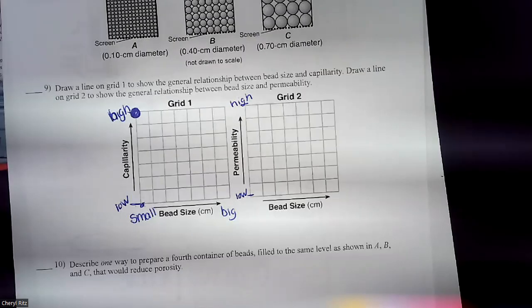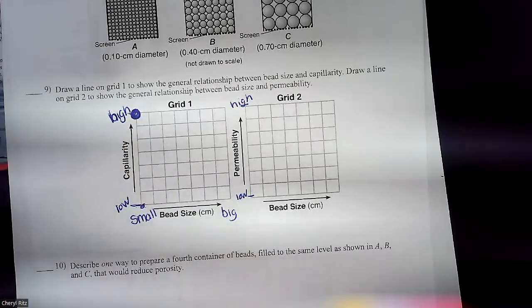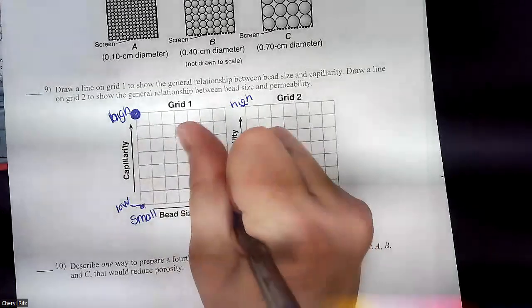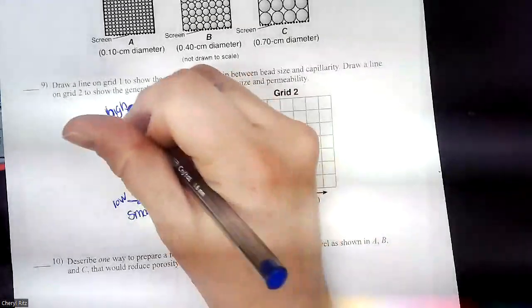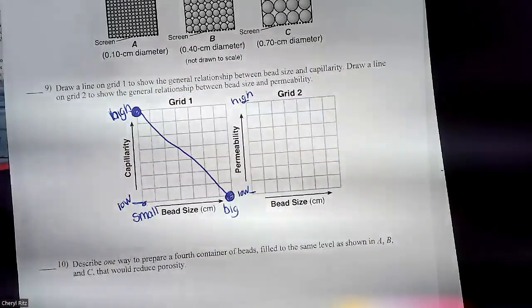And remember, I told you to remember because capillaries are the smallest blood vessels. Smallest, that's the key word there. They're the ones in your eye, those teeny tiny blood vessels. They're tiny. The smaller, the better for capillary action. So if small beads are high, what are big beads? They have a low capillarity action. So when I connect those, I get a down graph.